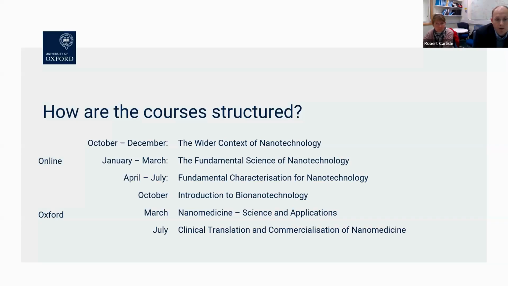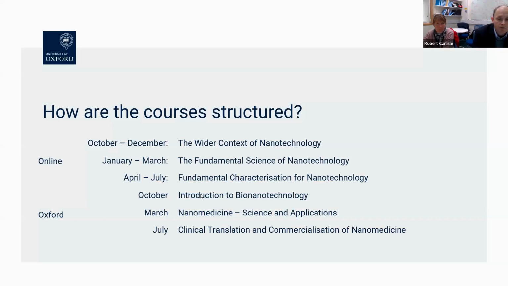And then from April to July, the third of those PG Cert modules would be the fundamental characterization of nanotechnology. And as Christian mentioned, the conclusion of this third module actually finishes with some time in Oxford experiencing some of the characterization technology that you'll have been discussing the theory of in your online sessions.